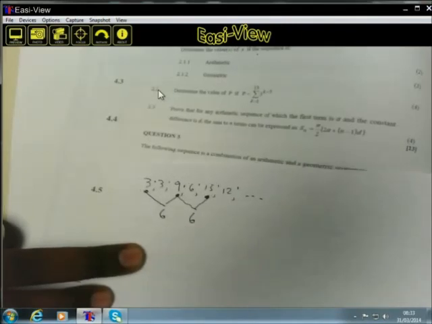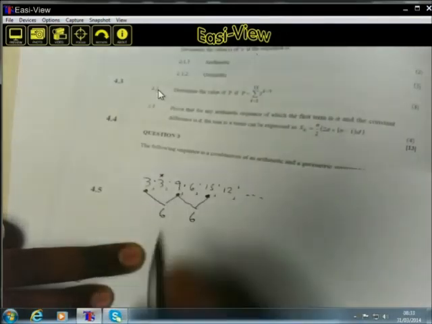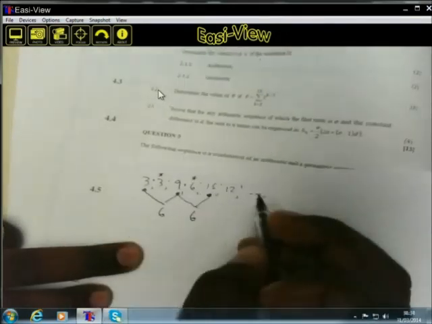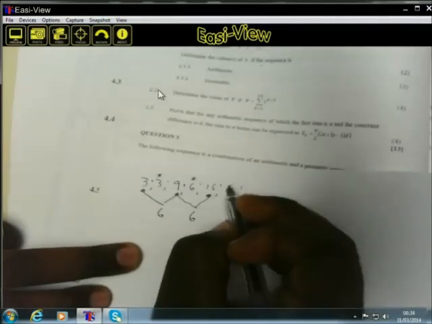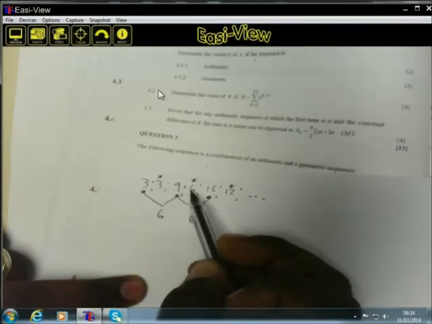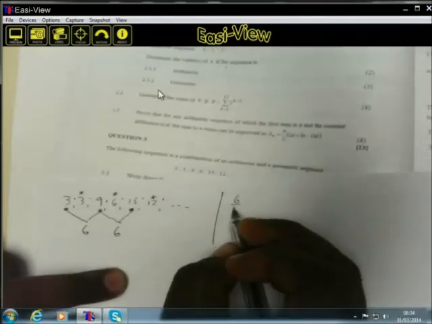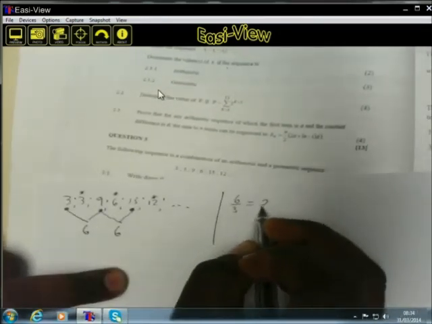And again, when you look at the remaining terms, we look at 3, 6, and 12. Because they talked about the combination, and we already have the arithmetic sequence, we are going to test for geometric. 6 divided by 3 gives us 2.